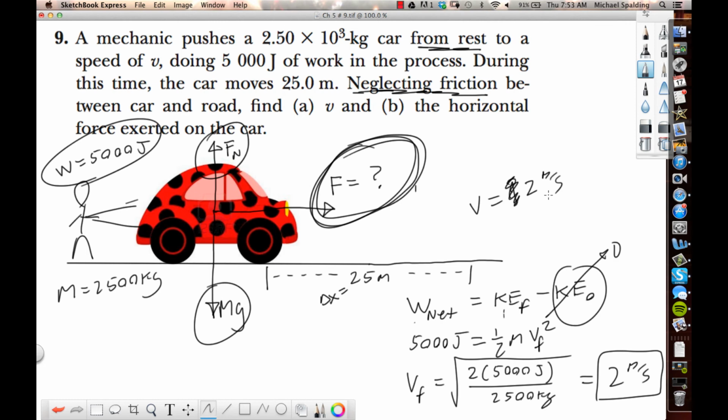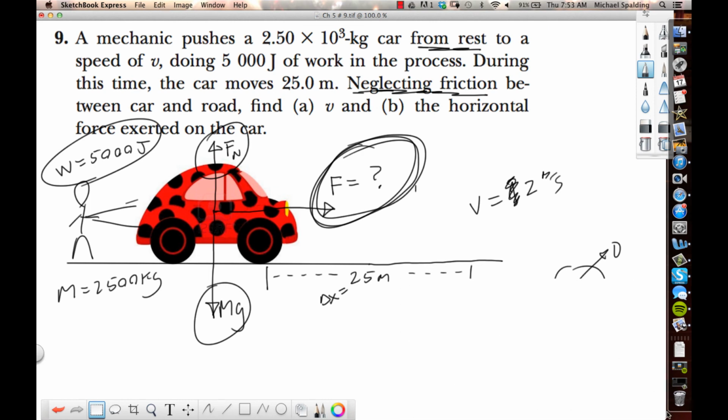Okay? Now, part B. How do we find the horizontal force exerted on the car? Make some room. To find what the force is, we use work net equals force net times displacement.